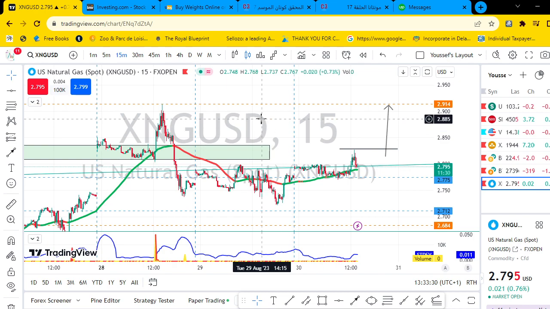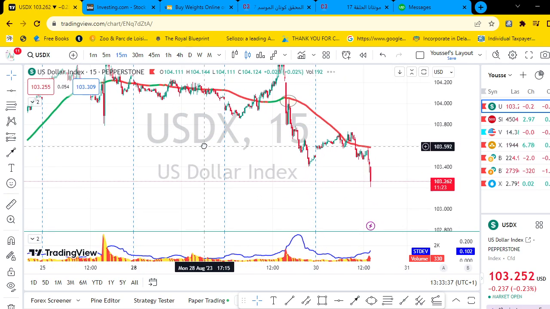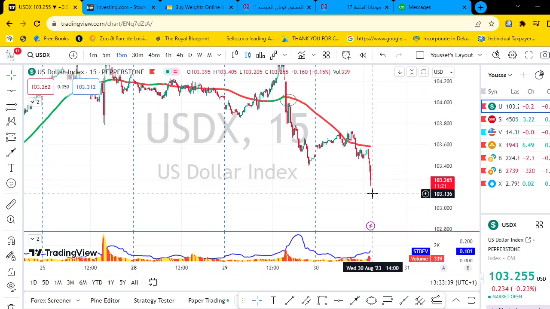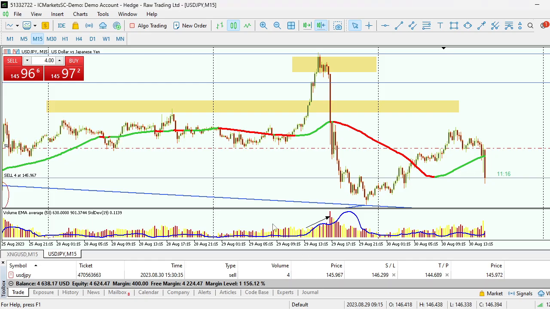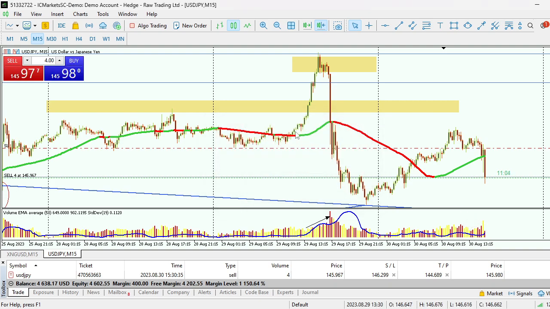Maybe today, maybe tomorrow, but it's moving higher. $85 trailing stop. We'll wait and see.